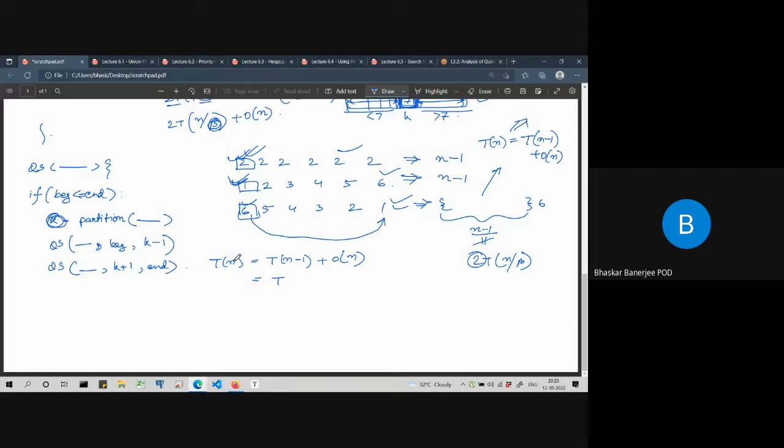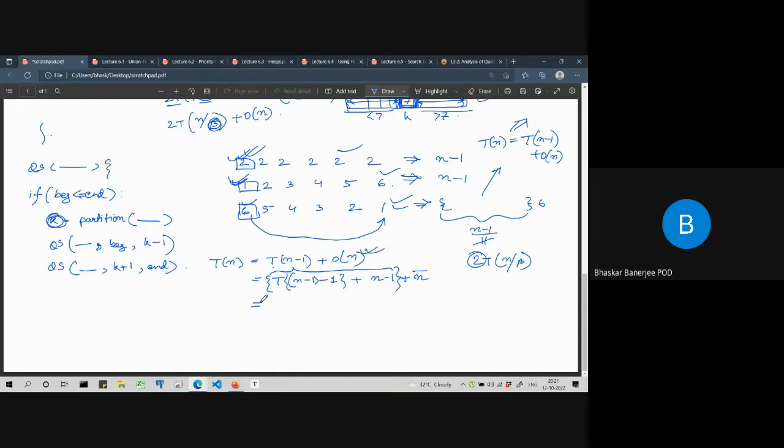T(n-1) equals T(n-1-1) plus O(n), which I am writing as n over here. So it is n-1 plus the n. Why n-1? This part is basically because of the substitution. This is equal to this part, and plus O(n) is this one over here.